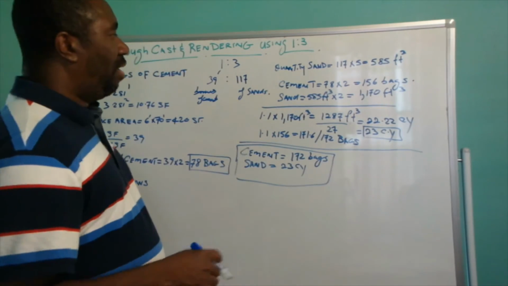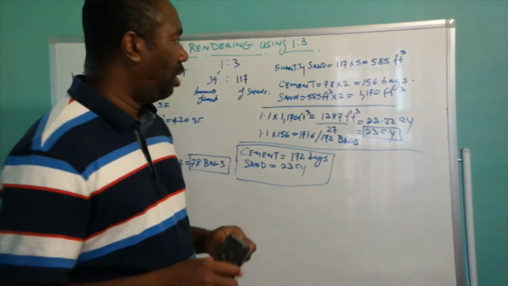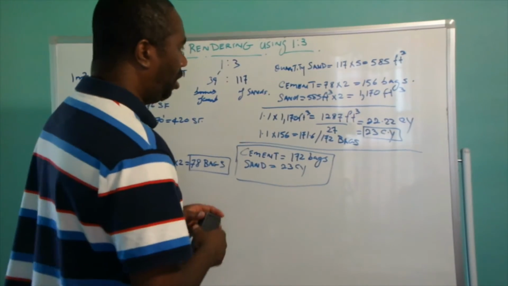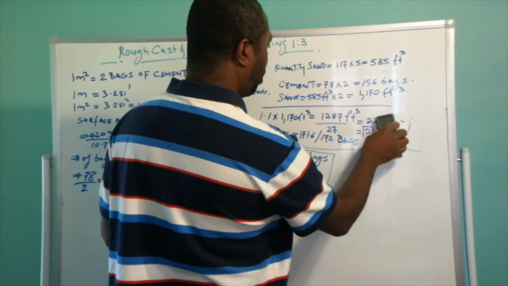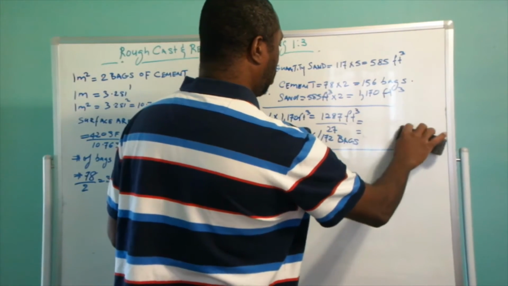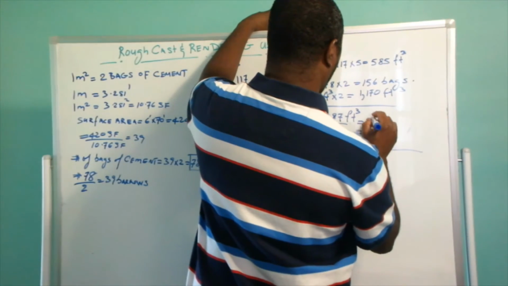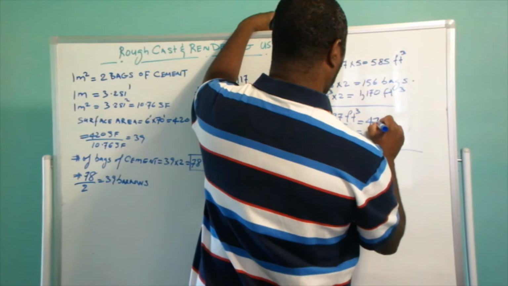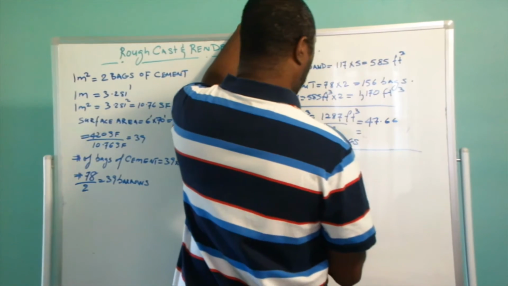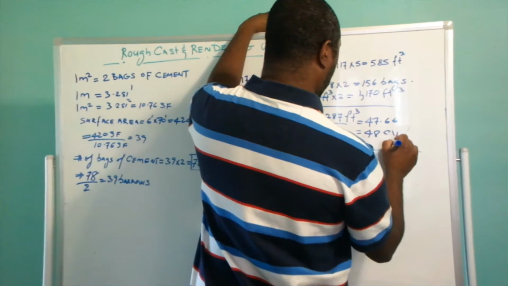But before I move on to that, I have made a little error in my calculation where I have this 22 cubic yards. This is supposed to equal 47.66, and you can round this up to 48 cubic yards.